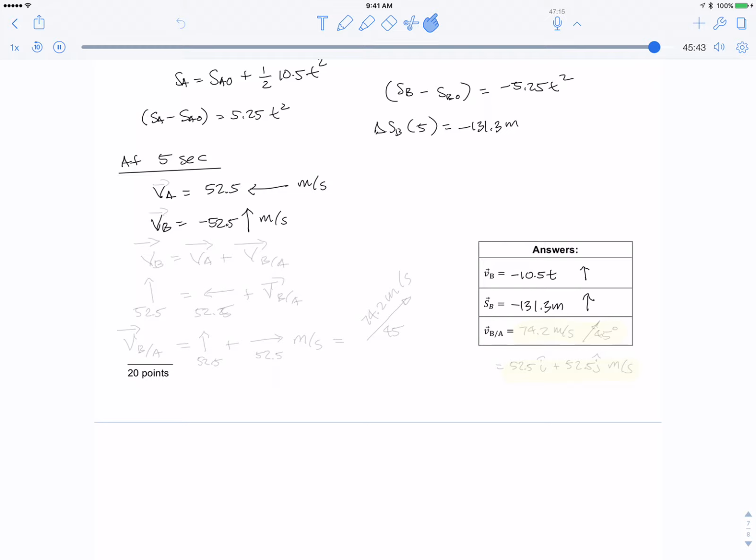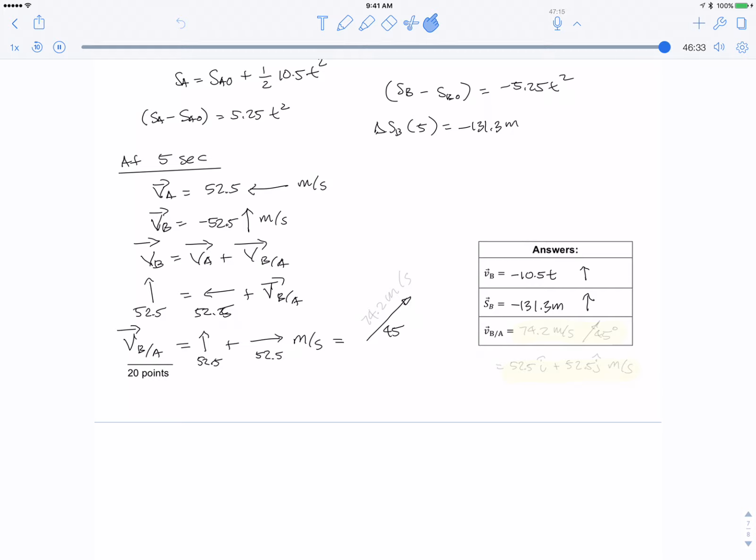And so finally, to get B relative to A, you have to know that velocity of B is the velocity of A plus velocity of B relative to A. And so that gives you 52.5 up equals 52.5 left plus VB relative to A. So solving for VB relative to A, putting that 52.5 on the other side, it's 52.5 up plus 52.5 going to the right, which is just 45 degrees to the left and right.